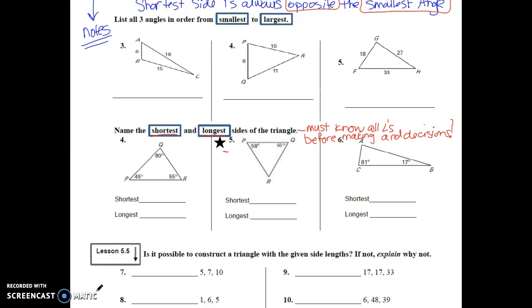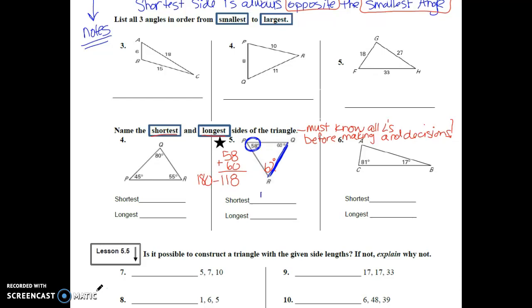In this triangle, we would take 58 and add it to 60, and that's going to give you 118. Then we would take 180 minus 118, and we find out that this third angle is 62 degrees. Now if we look at the angles, we see that 58 is my smallest angle, and remember the opposite side is the one that does not touch it.